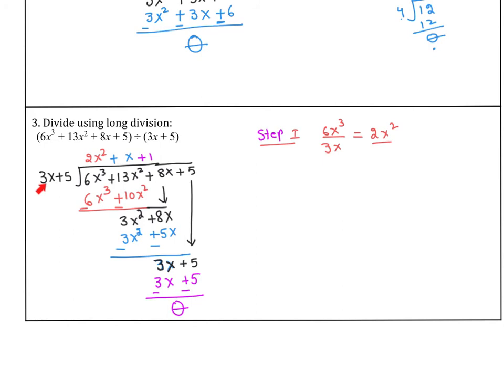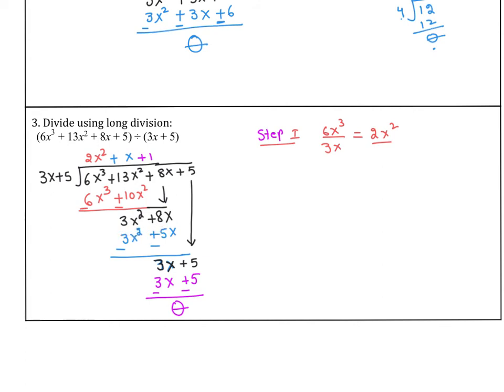When you multiply 2x squared with 3x, you get 6x cubed. 2x squared times 5 is 10x squared. Change their signs. 6x cubed and 6x cubed cancel. 13 minus 10 is 3x squared. Bring down the 8x, so you get 3x squared plus 8x.